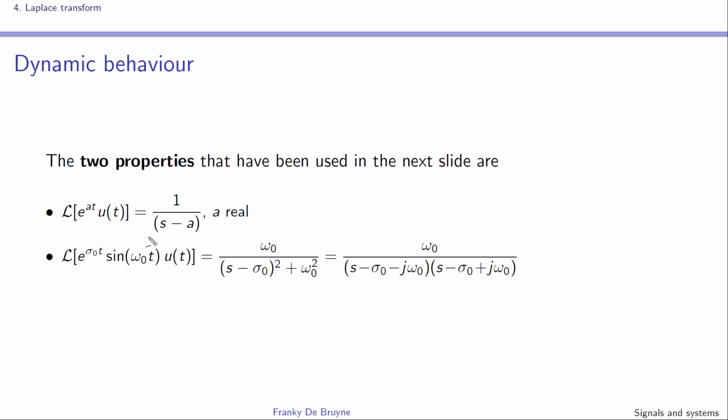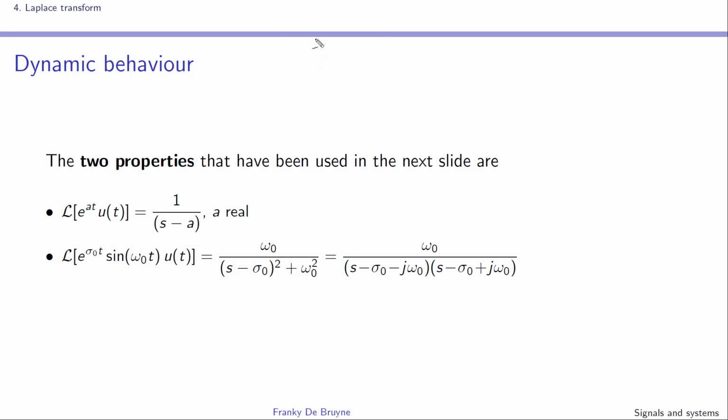From the definition of the Laplace transform, you can easily prove that this is a Laplace pair. I said this is true for A real, but actually it's also true for A complex. Let us have a look at this Laplace transform and try to find it back to prove this.